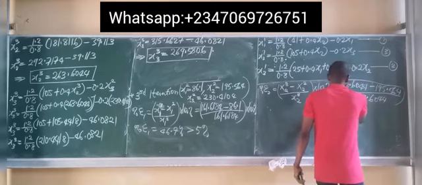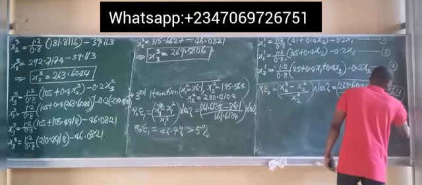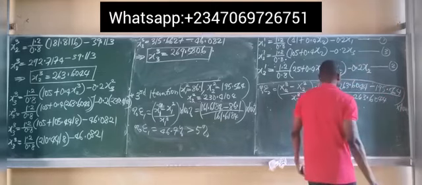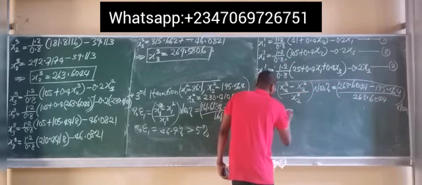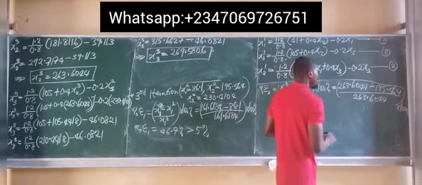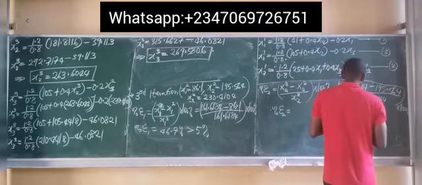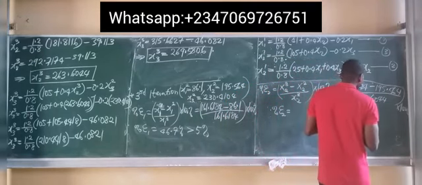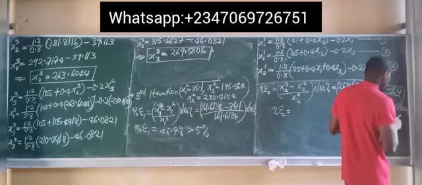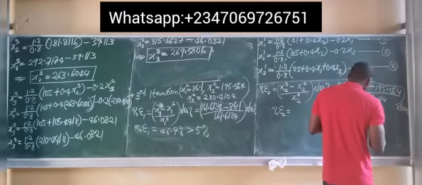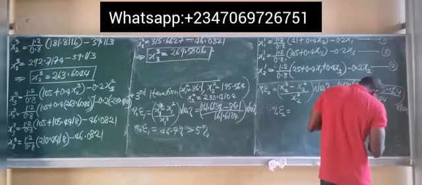Multiply the whole of this by 100%. So the second percentage error is now equal to 263.6044 minus 195.564 divided by 263.6044 multiplied by 100.